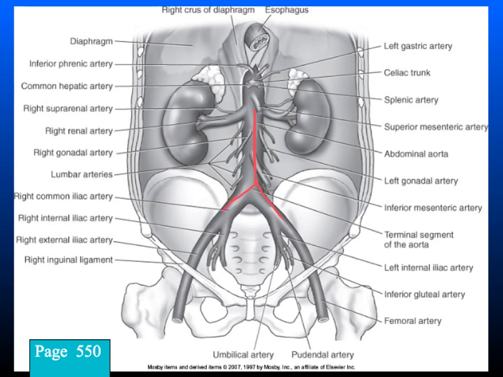And then these common iliac arteries, in turn, bifurcate when they come down. So the internal iliac artery goes into the pelvic area, and then the external iliac artery descends along the medial border of the psoas muscles, and then it turns into the femoral artery as it goes down.